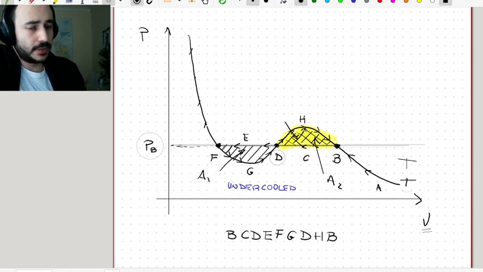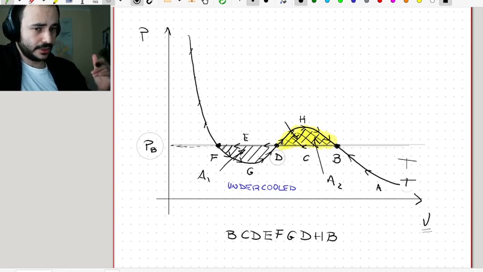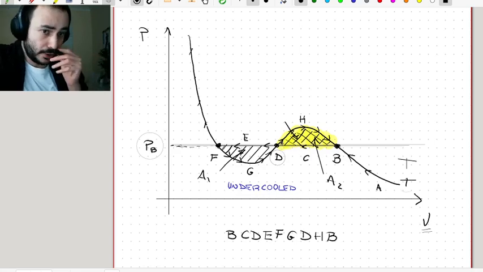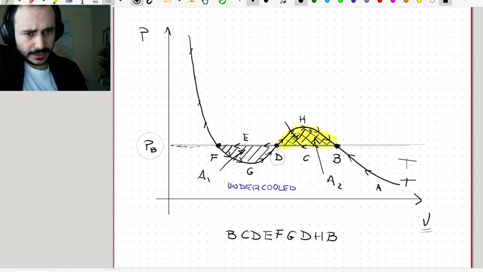That is not possible. I can't do that. Because the state my system is in at the moment, which is this heterogeneous state of liquid and gas, is more stable than the unstable states in the supersaturated curve. So I won't ever be able to close this cycle.